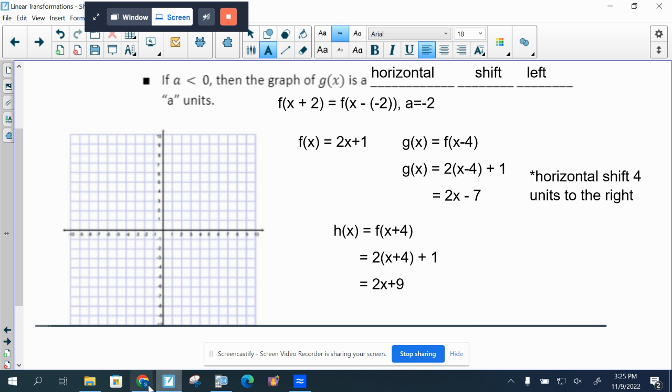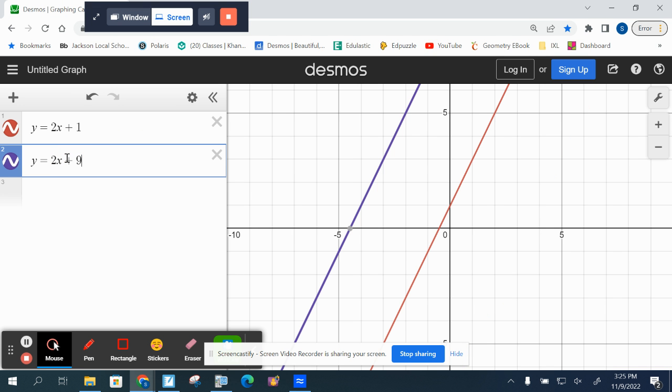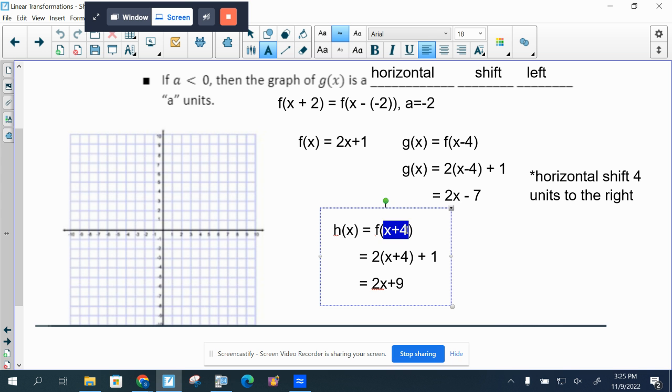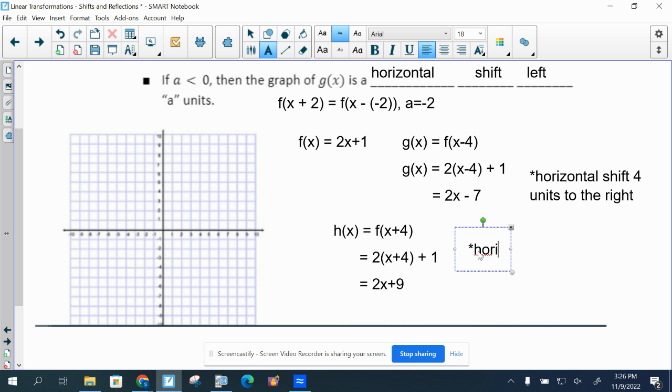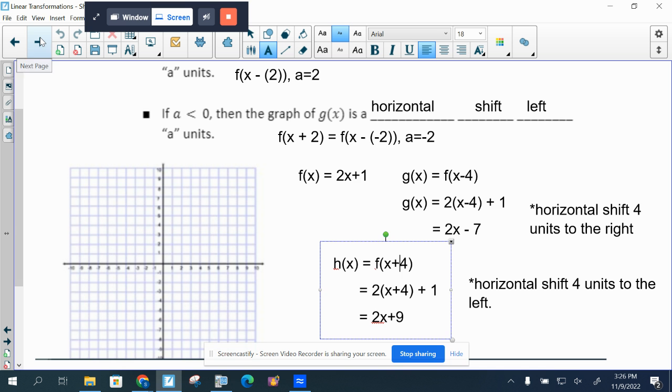So let's check what that looks like. Let's change this to plus 9. Here it's looking like it's moving from 0 to -4, so 4 units to the left, like we would expect. So x plus 4 causes a horizontal shift 4 units to the left. So once again, when I see x plus 4 in the parentheses, it's moving it to the left. So it's the opposite of what's in the parentheses.